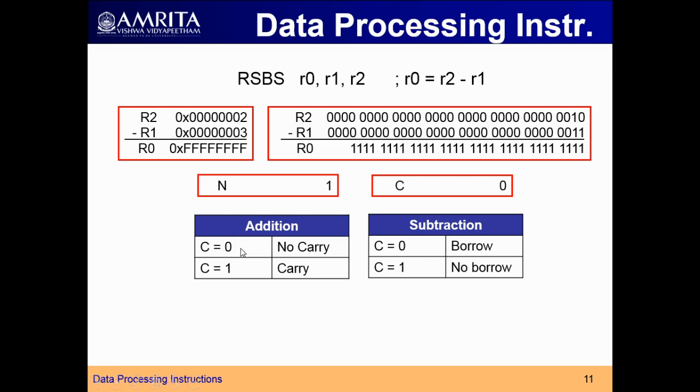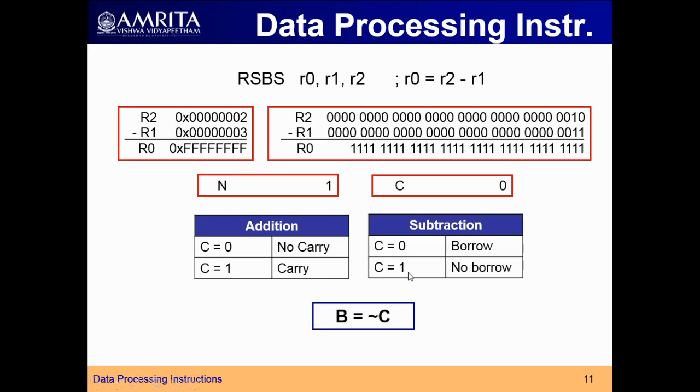So borrow and carry are actually represented in complement form. Borrow can be written as not of C. Whenever you are performing subtraction, borrow will be equal to not of C. If carry bit equal to 0, borrow will be not of carry, that is 1.